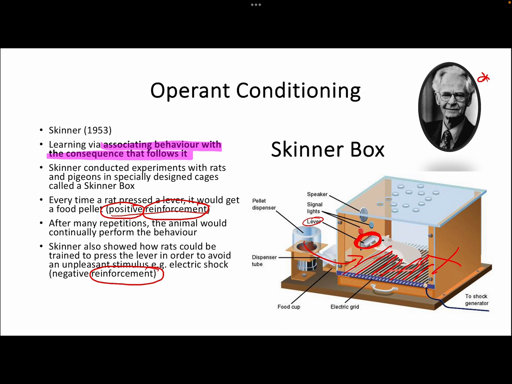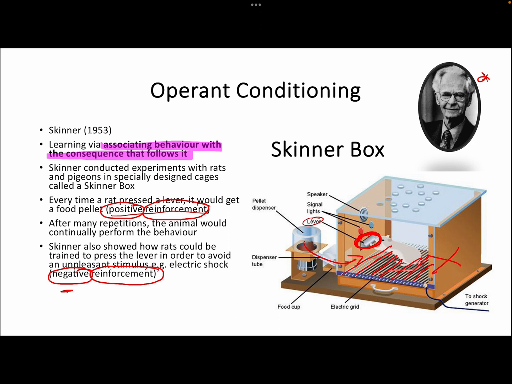That's going to be repeated, hence this is reinforcement. But this time it's through the removal of an unpleasant stimulus, the removal of that electric shock. So Skinner could train the rat to press the lever by either positive reinforcement, adding a pellet of food, or negative reinforcement, removing the electric shock.